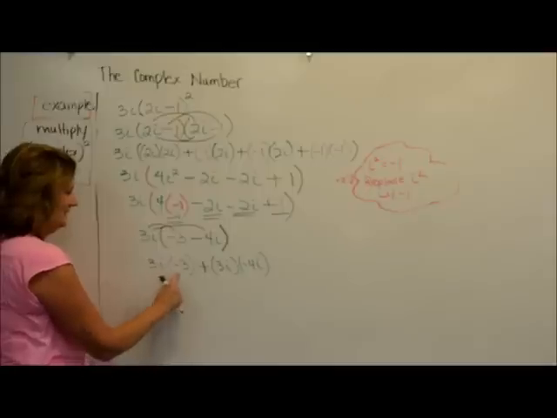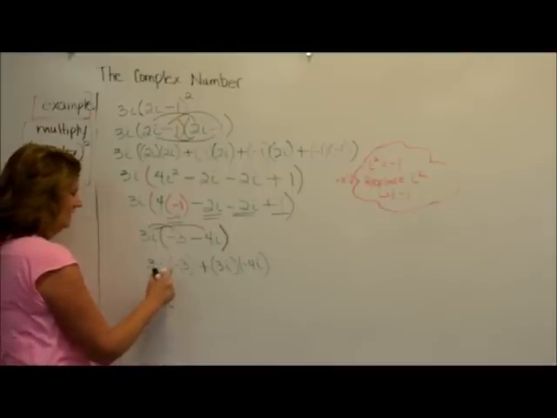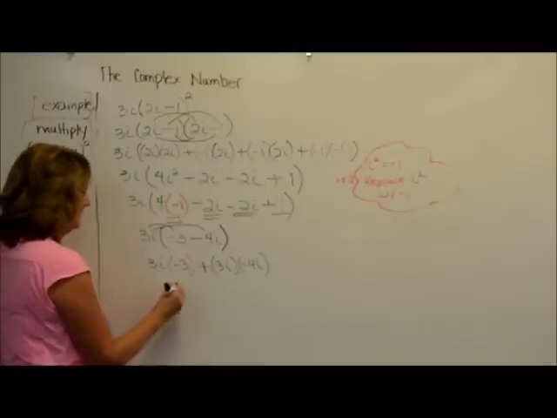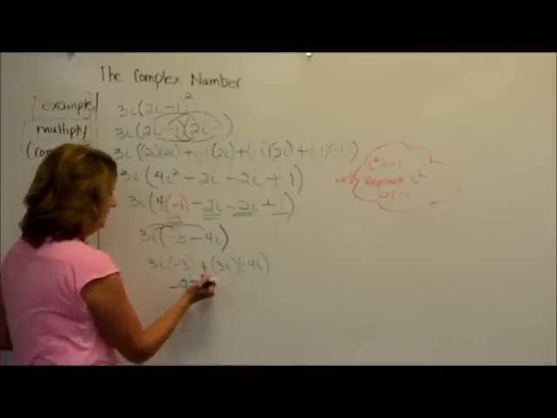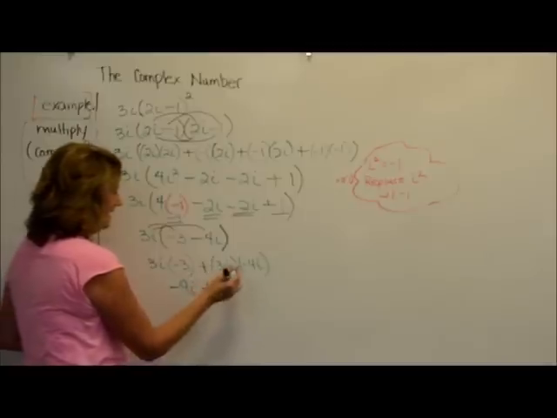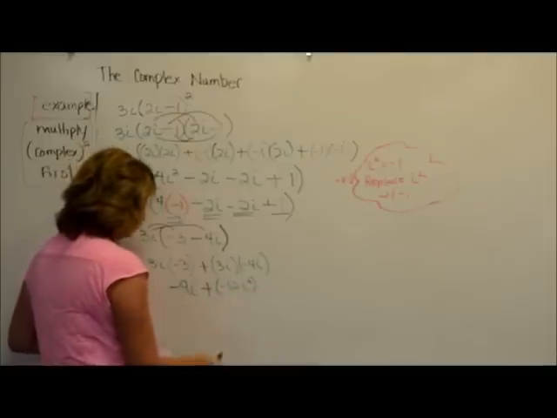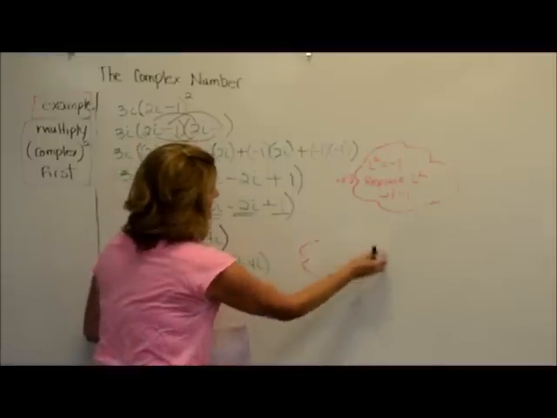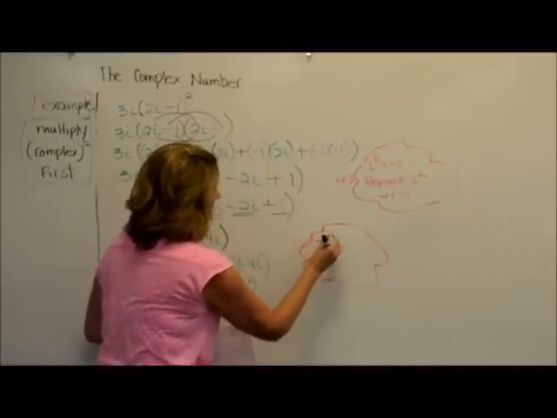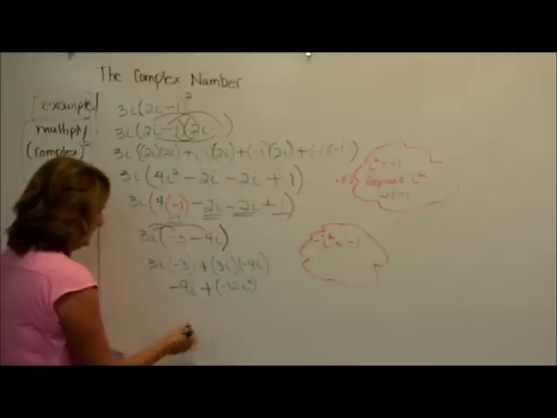What happens is this is going to go into an imaginary number. I'm going to have negative 3 times 3 is a negative 9i. And what happens here is I'm going to have plus negative 12i squared. But then we have to go looking in that bubble that we just had right here, i squared equals negative 1. So I'm going to replace that with a negative 1.